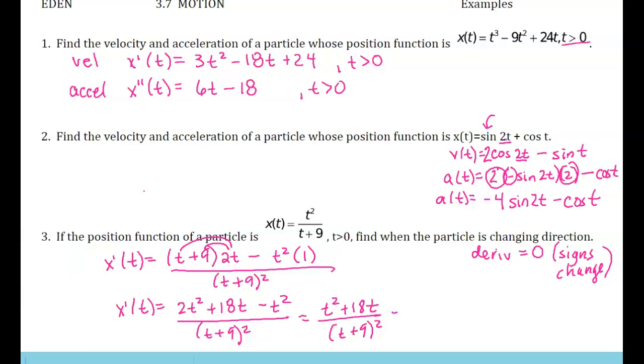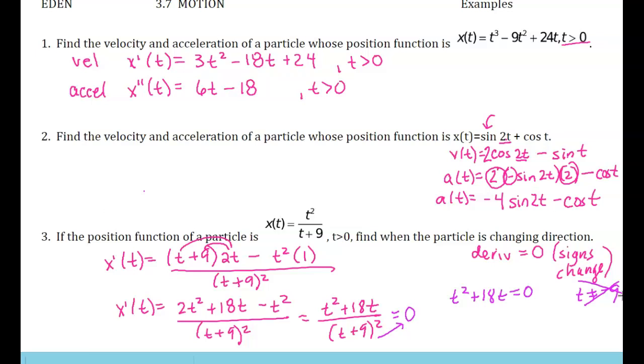And so what happens is we want to set that equal to 0 to find out where we might possibly change directions. Well, when you set that equal to 0, we would multiply by our denominator, which eliminates our denominator. I know as a domain restriction, t cannot equal -9 because that makes the original function not defined, but that's not in our domain restriction, so that's not relevant. So we would get t squared plus 18t equals 0.